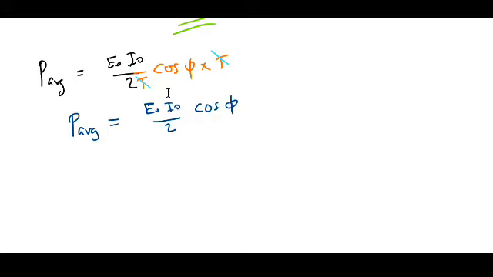Okay, we can write this expression in another way. You have already learned the RMS value of the voltage and current. The RMS value of voltage, E RMS, is defined as the peak value of the voltage divided by root 2, and the RMS value of the current is the peak value of the current divided by root 2.